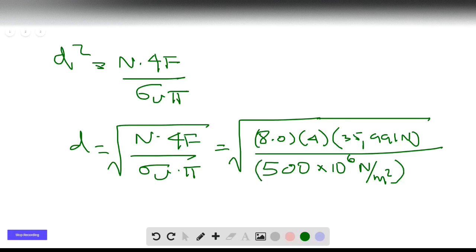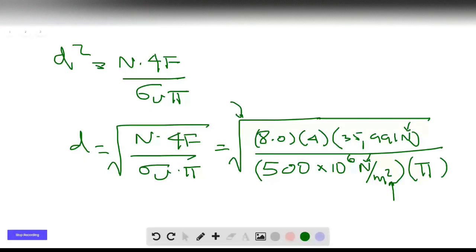And then we also want to multiply that by pi. You can see that these newtons are going to cancel out. And because this is a square, there's a radical. The radical gets rid of one of the squares, and then we're left with meters.